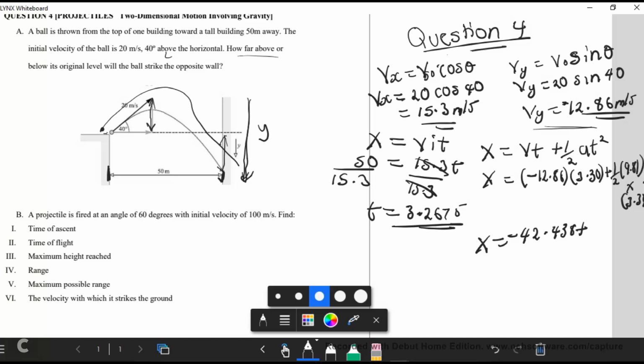Then I'll get something like 50.85, sorry.